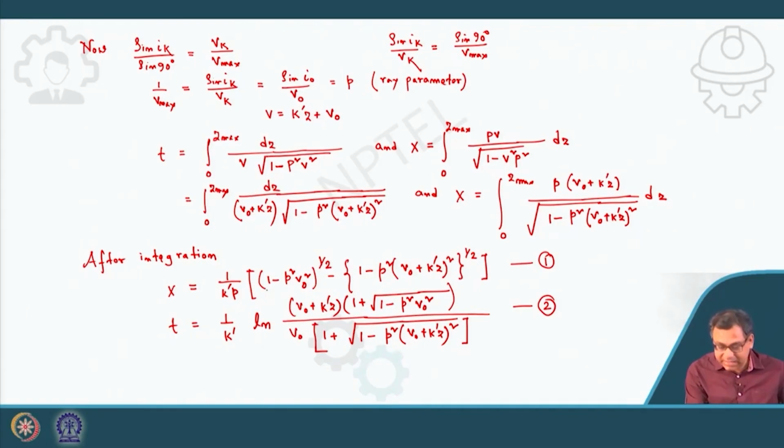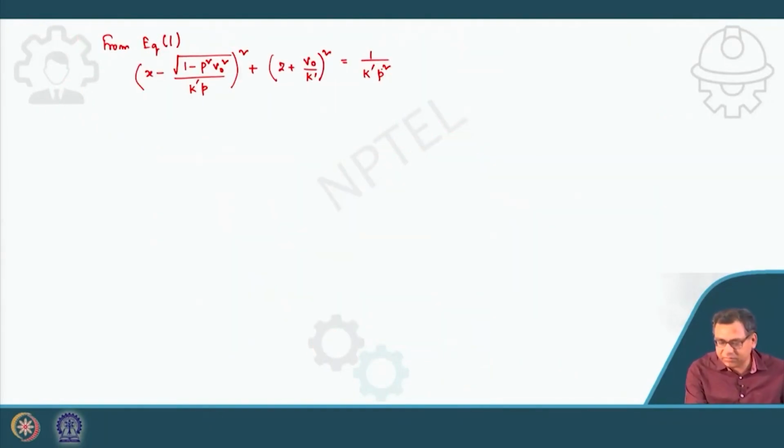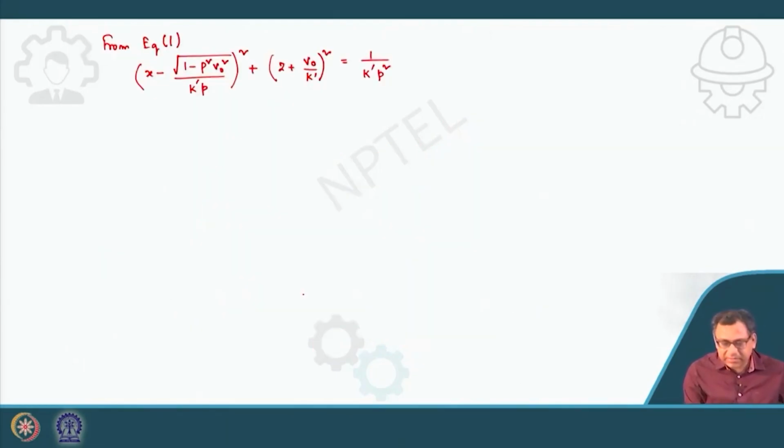From this equation, this will be 1 by k dash p whole square, and this will be minus, p will cancel, v0 square by k dash square.